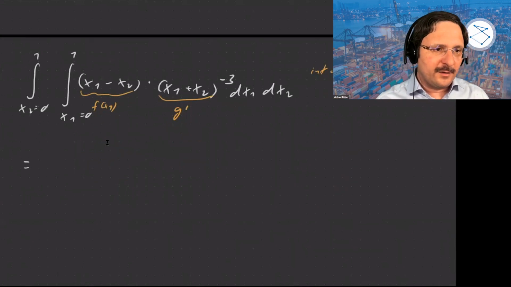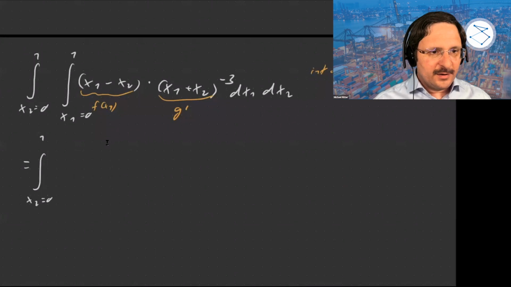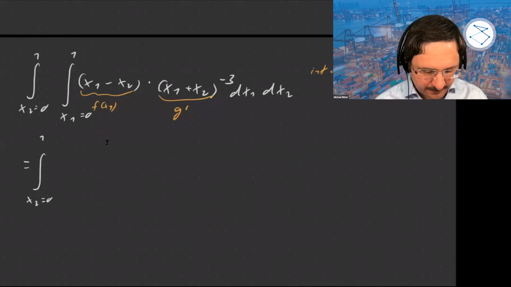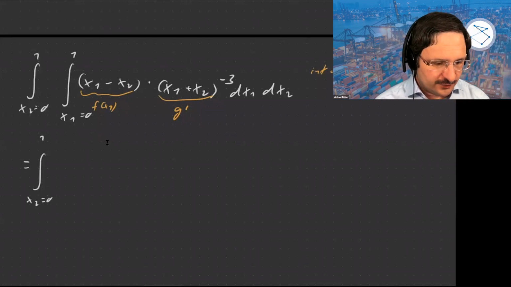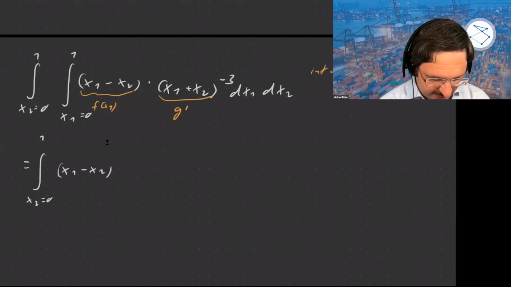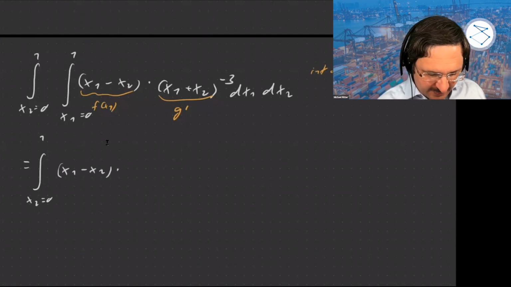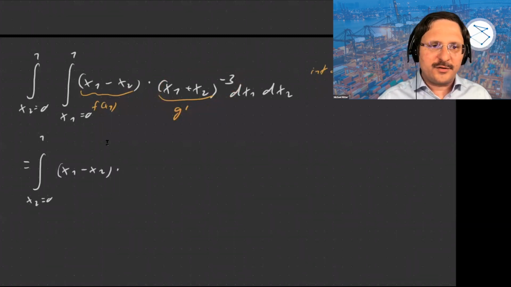Okay, now let's see what we obtain this way. The outer integral stays in place. For the inner integral, if we do integration by parts, the first thing we get is f times g. So this f here is kept intact, x1 minus x2 times, and then we have to integrate g prime. Now the integral of an expression, something to the minus 3, you know how to integrate that.